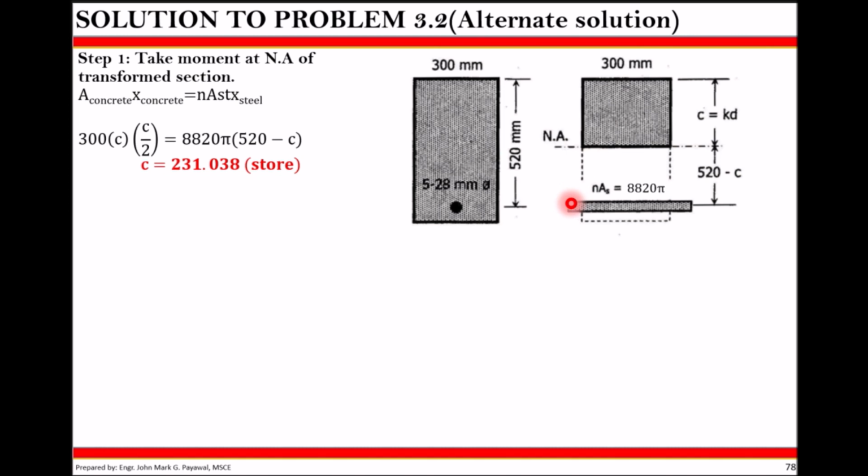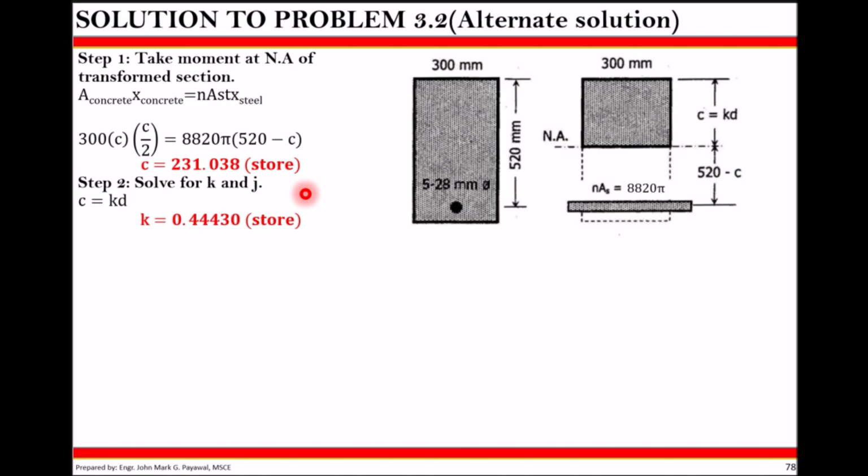Knowing c is equal to 231.038 and establishing a while ago that multiplying d with the factor k would result in c, we can solve now for k and j. c is equal to kd. Therefore, if d is equal to 520, k would turn out to be 0.44430, similar to the value a while ago.